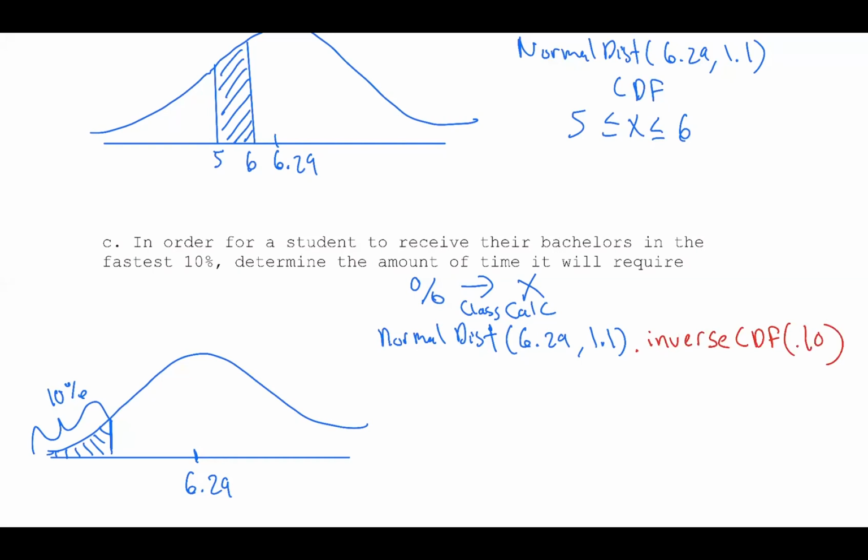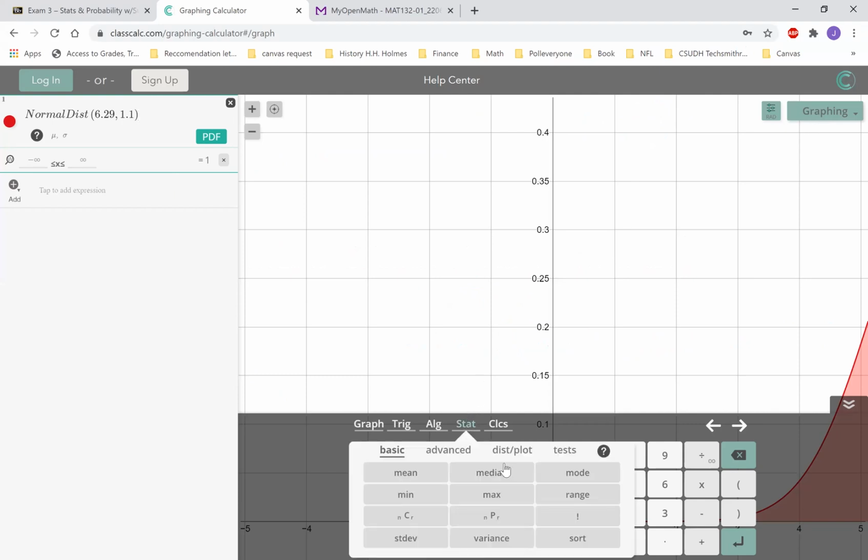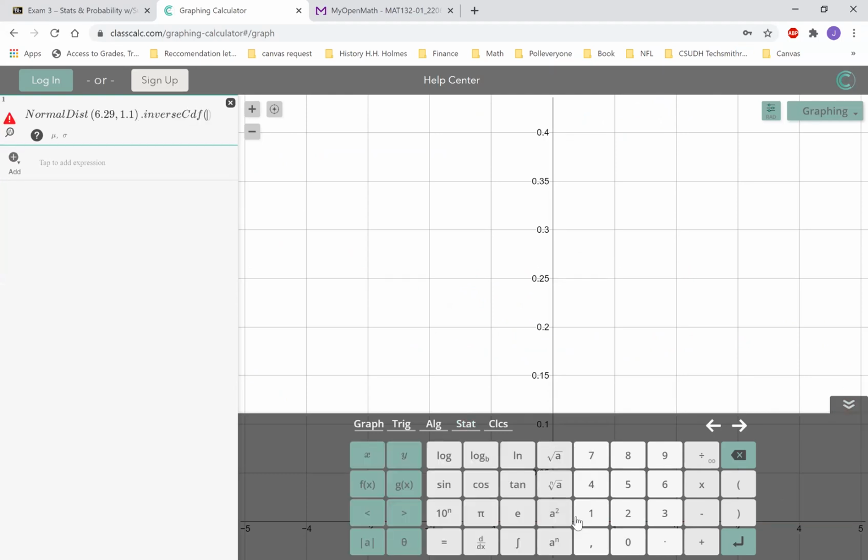All right, so let's go ahead and do this on ClassCalc. If you look at this, how many used normal distribution 6.29 and 1.1, because it already has a mean and standard deviation. So we're going to go to stats, go to distribution, and do inverse CDF, and we'll put 0.10.